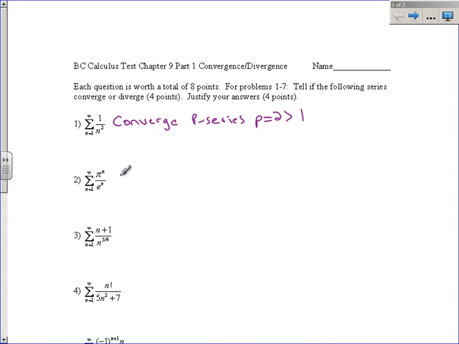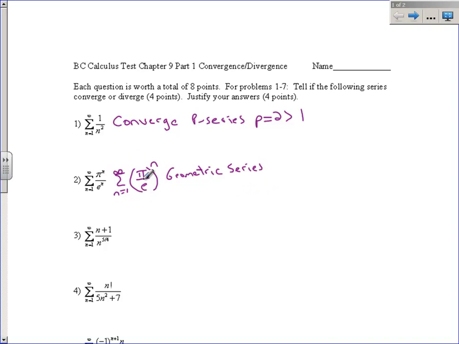All right, number 2, this is a geometric series which can be rewritten as pi over e to the n power. And of course, for a geometric series, we need that common ratio to be smaller than 1 if we want it to converge, but bigger than 1 if we want it to diverge.